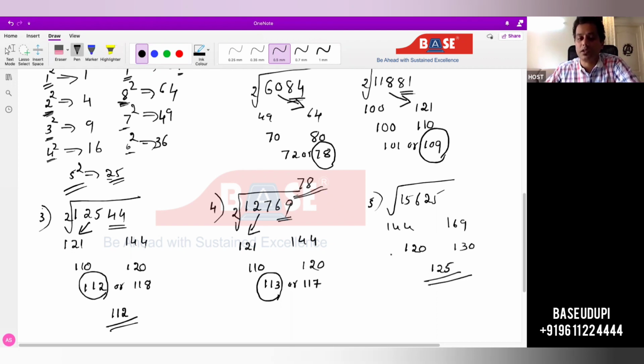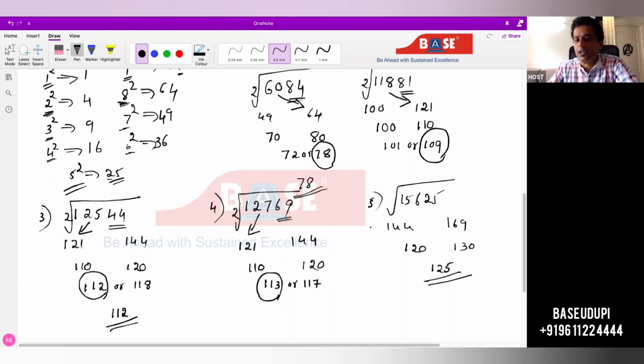So no comparing, only one answer, like cube root. So the square root of 15,625 is 125.